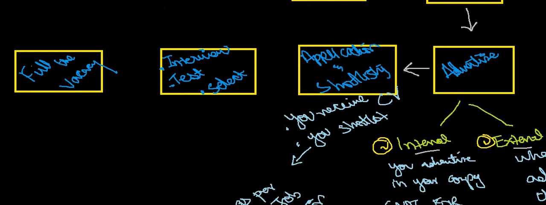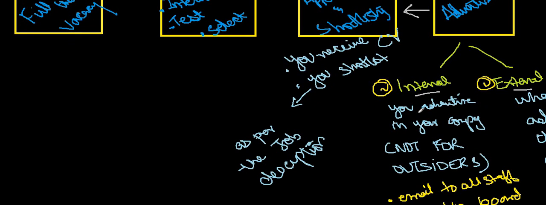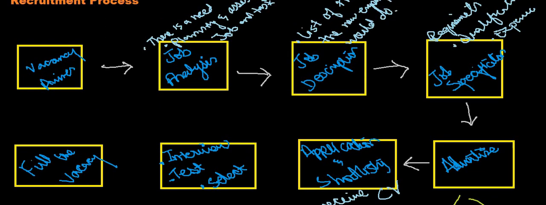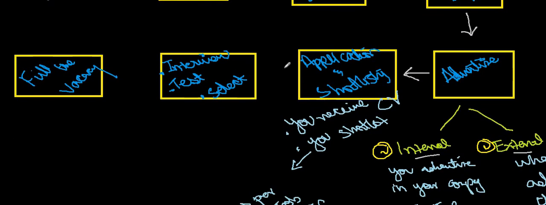You shortlist them through the job description. You need to go through your job description and you need to see what exactly is needed, and then you shortlist them. Once the shortlisting is done, you call the shortlisted ones for an interview and a test, and then you select them. So let's say 100 applied, you shortlisted 20, you interviewed and tested them, and then you found one, the best person you need, and you filled the vacancy.